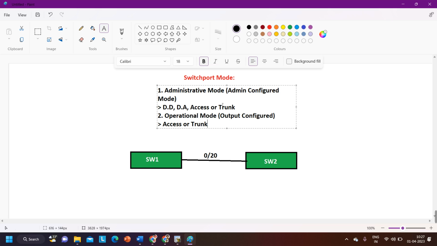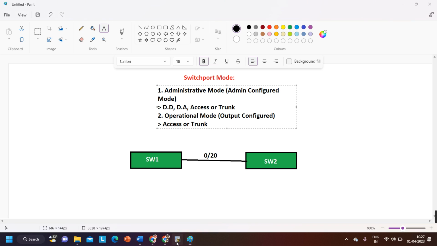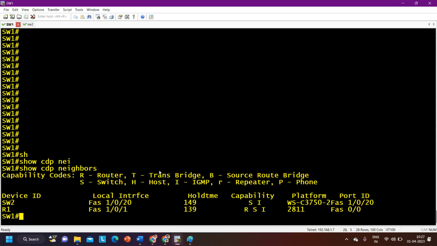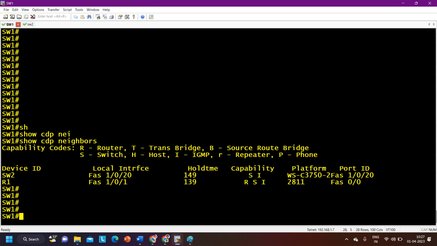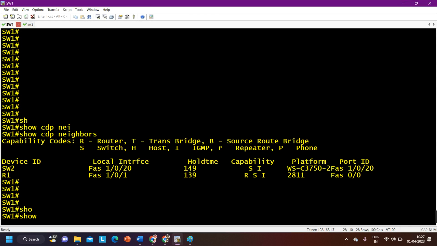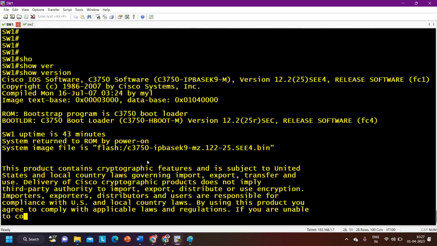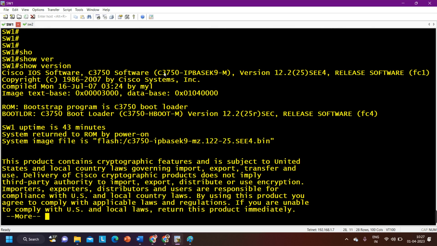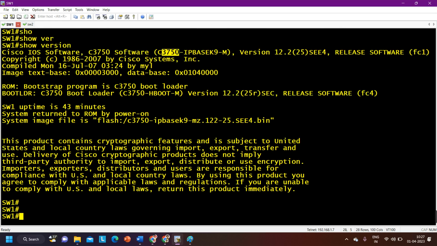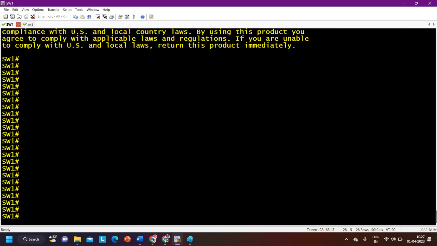By default, guys, if you check the administrative mode, which administrative mode is configured over here? Administrative mode configuration is dependent on the platform of the switch. If you check the platform of this switch, with show version, here you can see this is my 3750 switch. On this switch, the default administrative mode is dynamic auto.